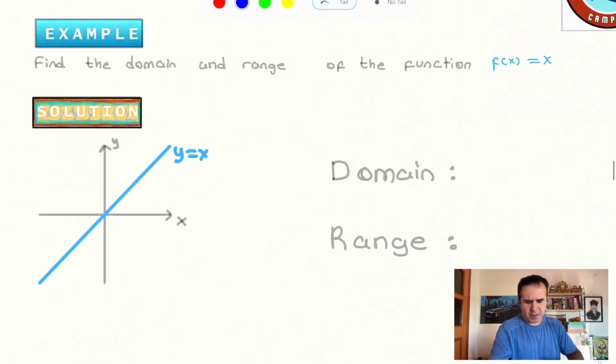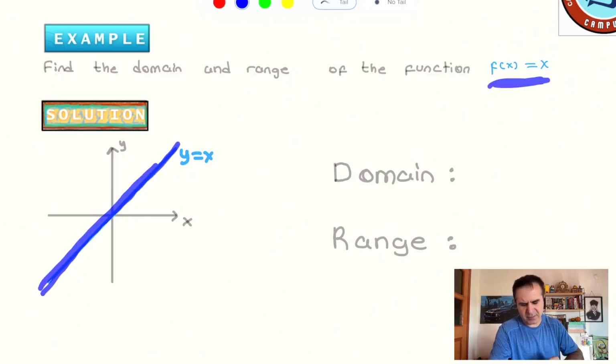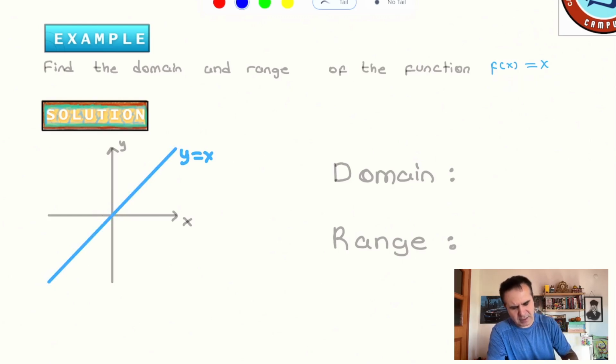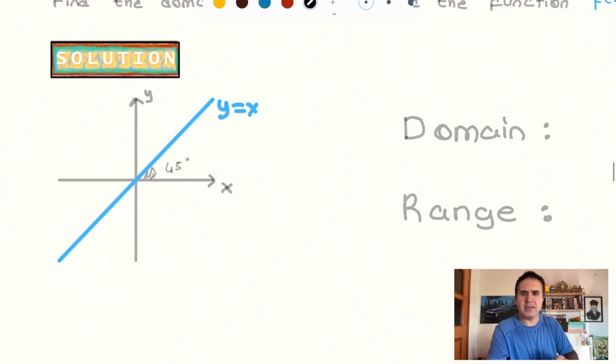First example, find the domain and range of the function f of x equals x. f of x equals x has a line graph like this, at 45 degrees, and the domain of the function y equals x is all real numbers. In other words, you can plug any real number into this function, and the function will always produce a valid output.